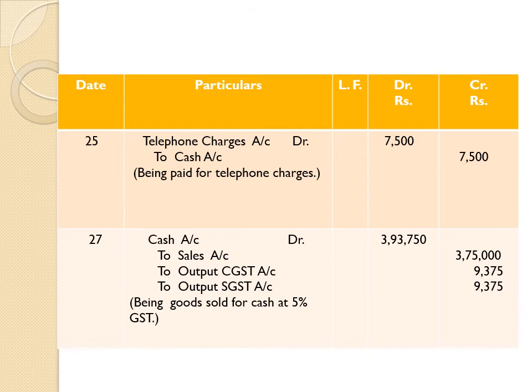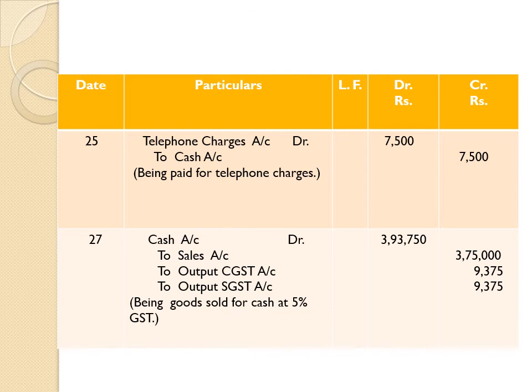Then on 27th April 2021, goods sold by us of rupees 3,75,000 at 5% GST.